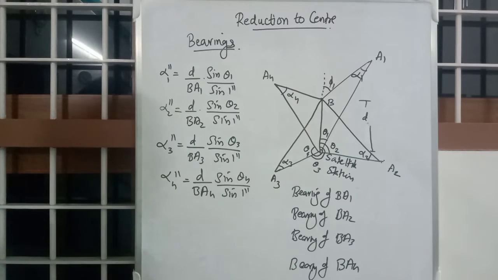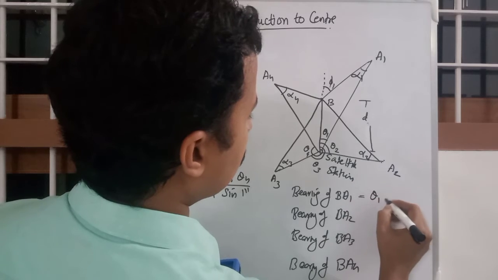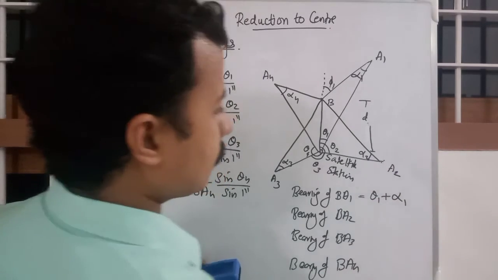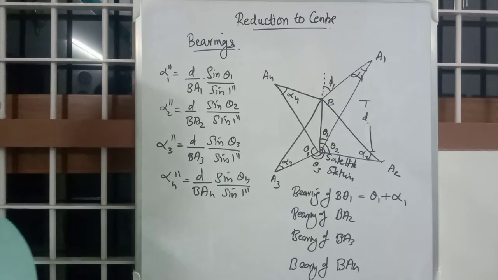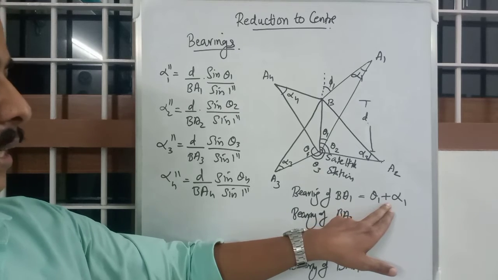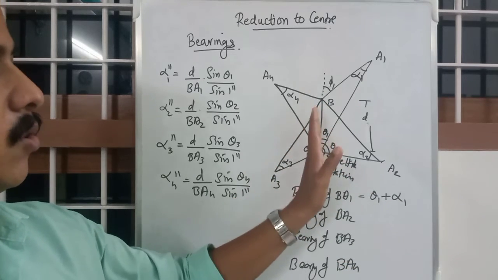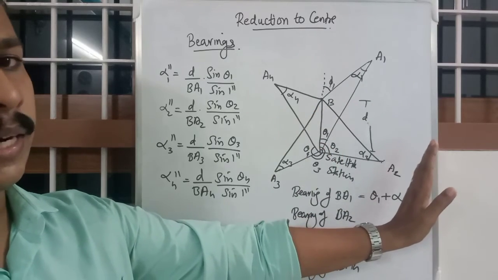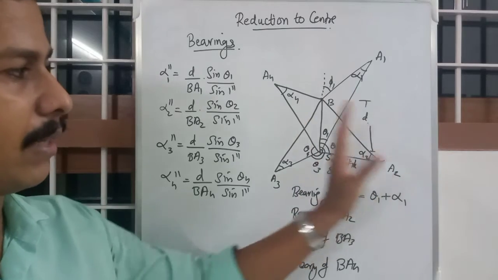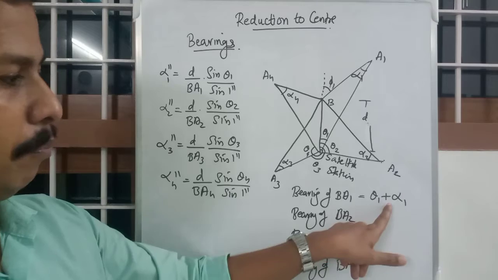Okay, so bearing of BA1 is theta 1 plus alpha 1. Okay, what decides this sign is whether theta 1 is less than 180 degrees or greater than 180. That's it. If it is less than 180 degrees, that means it is on this side, it will be a plus sign.